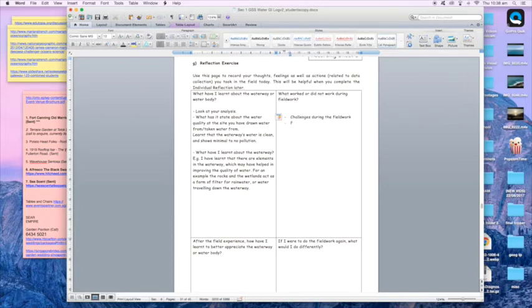For example, if you only manage to collect from 2 sites instead of doing systematic sampling, or if the water tested are taken too near to one another, perhaps that may have affected the results. Okay, these are examples. So what worked or did not work.